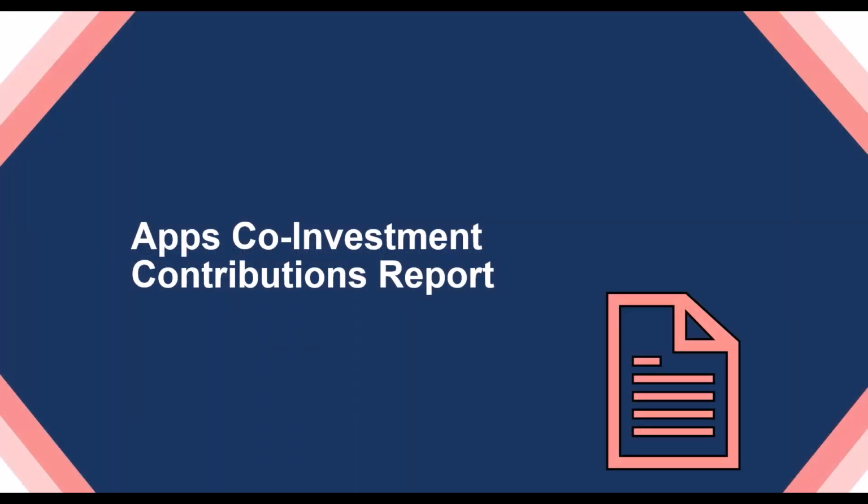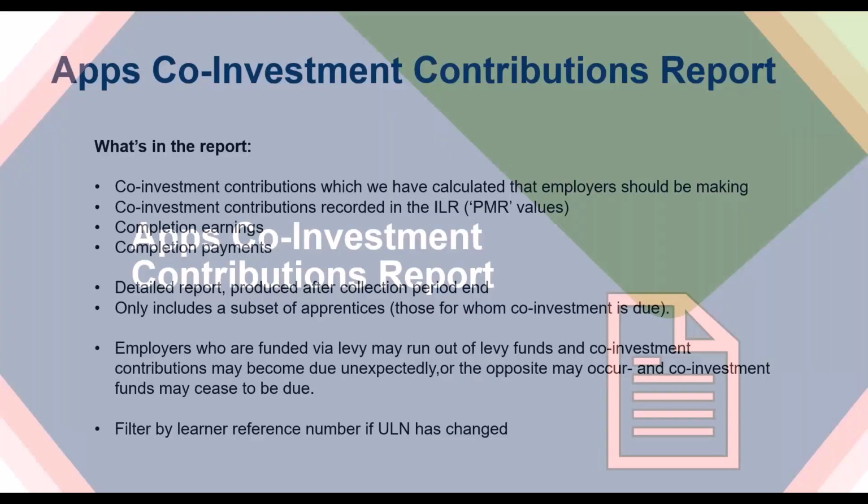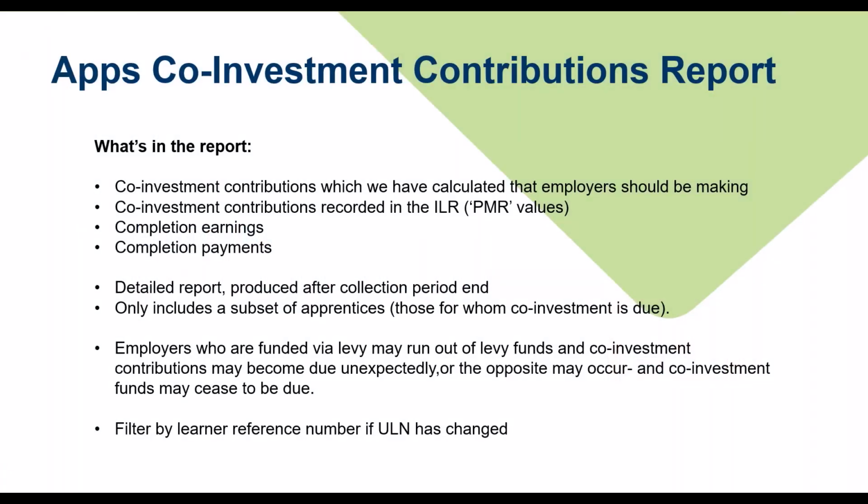Thank you. Just want to talk about the co-investment contributions report next. So what's in the co-investment contributions report? It shows co-investment contributions which we have calculated that employers should be making, co-investment contributions recorded in the ILR, as I've said, PMR values, completion earnings and completion payments.